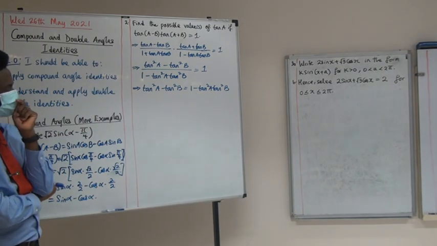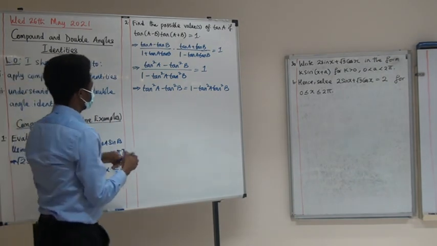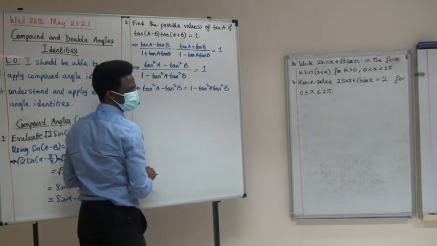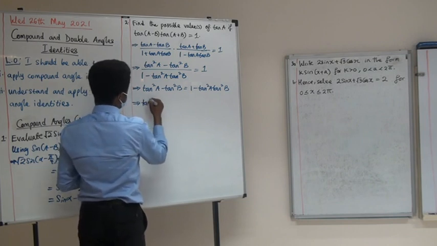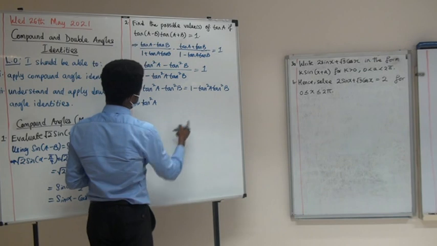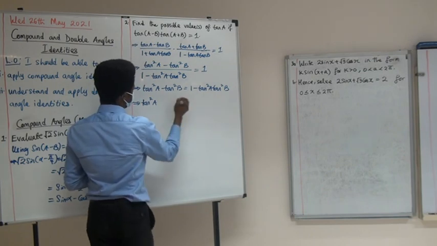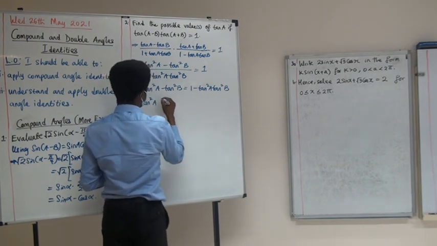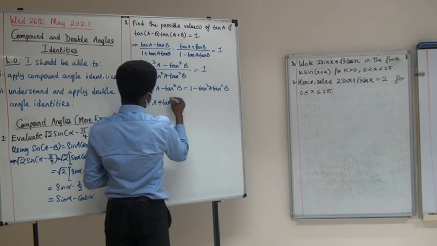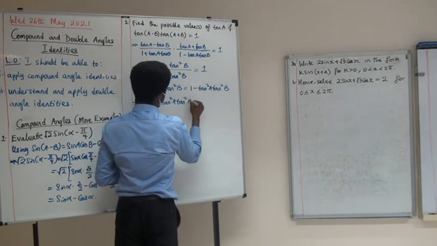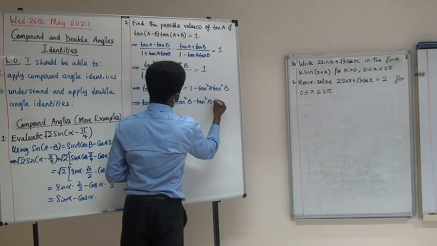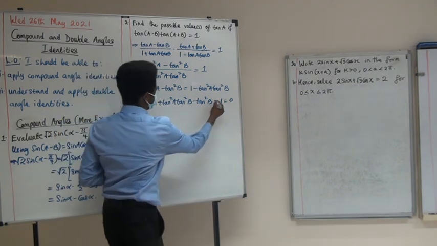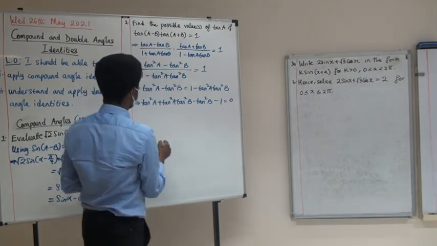Bring everything to the other side. Let's just see what happens. Tan squared A plus tan squared A tan squared B minus tan squared B minus 1 equals 0. Let it be there like that. We could have done this equals 1 instead. What can you do?